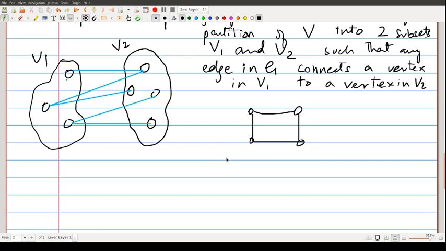Can I separate it into two distinct parts such that there are only edges from one set to another set? Is that possible?